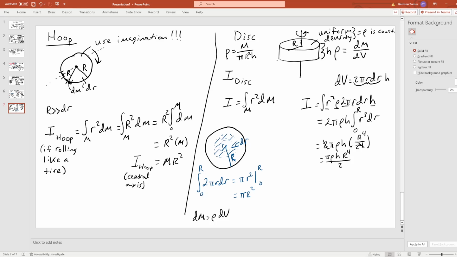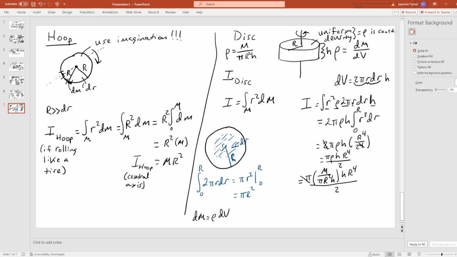And so if I substitute that, this becomes pi times rho, which is m over pi r squared h, times h, R to the fourth divided by 2.